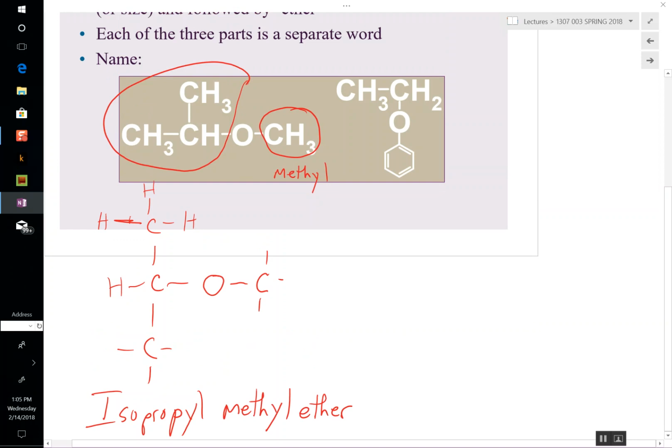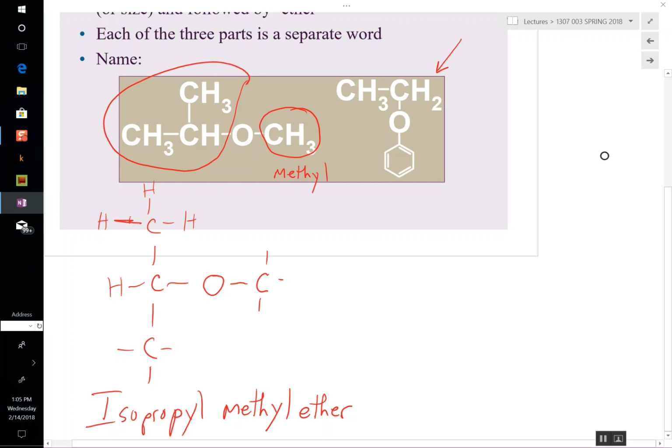Okay, now Leah, what is that one on top up there? Don't worry about the bottom yet. Just the top. What is that group on the top?